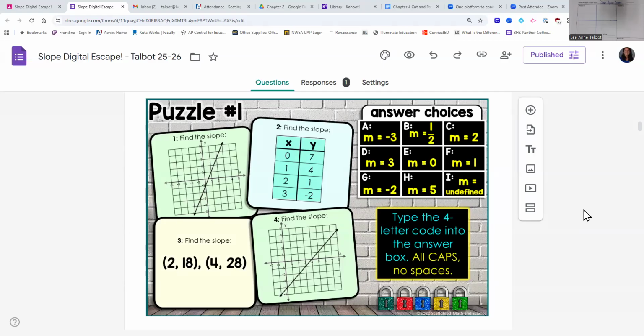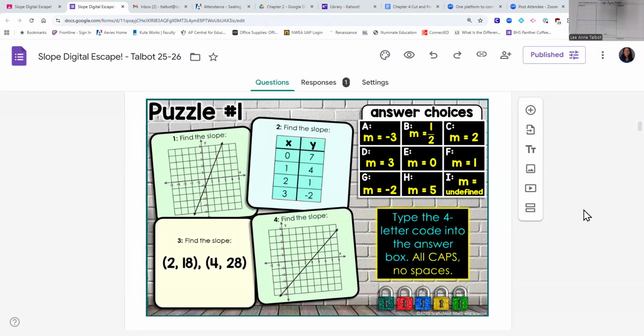So this is the digital escape. I just want to make sure we all see what to do here. So on this particular one, you just make a little triangle in your mind, right? And then it's rise over run. Can you guys tell what the height is of my triangle that I would draw in? 2, yeah, and then 1. So 2 over 1 equals 2.